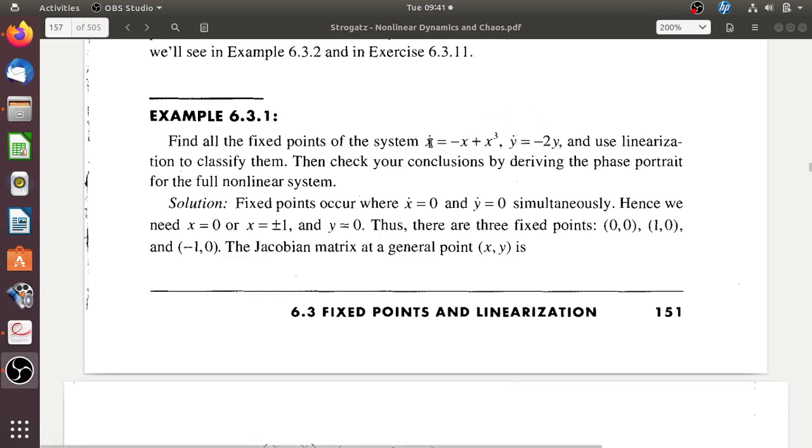So let's say when x dot is 0, then this term has to be 0, and that will provide some x value at which x dot will vanish.